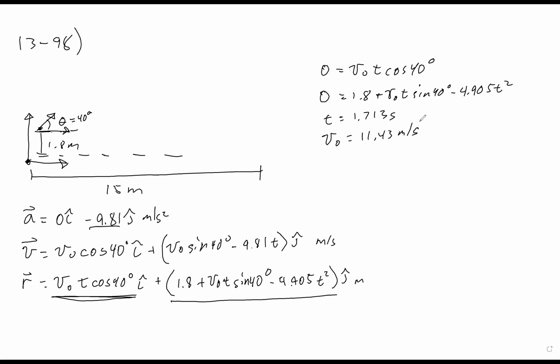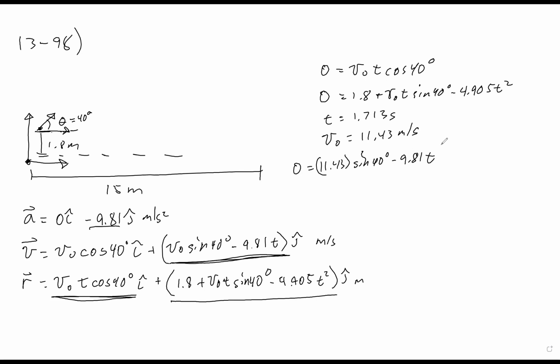So what we want to do is take the j hat component of the velocity and set that to 0. So 0 equal to an initial velocity, which we know now is 11.43 meters per second, sine 40 degrees minus 9.81 t.